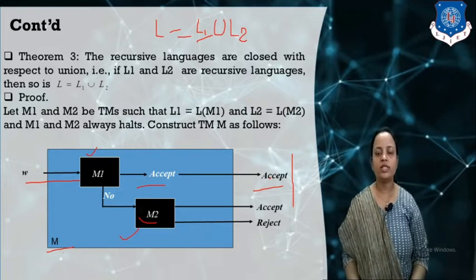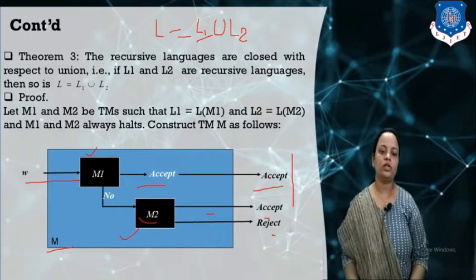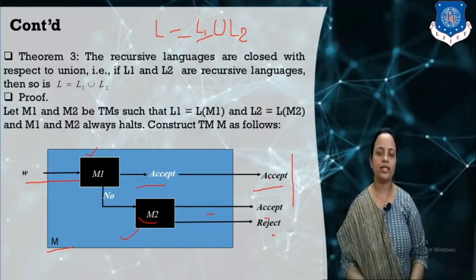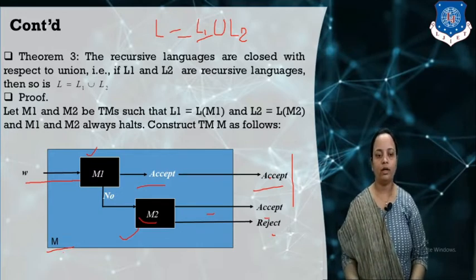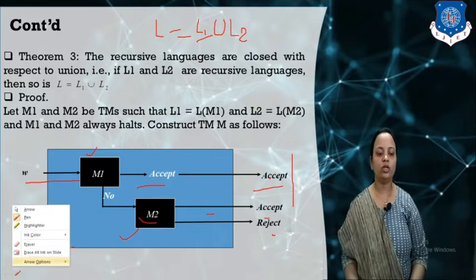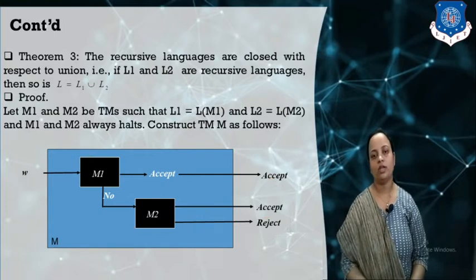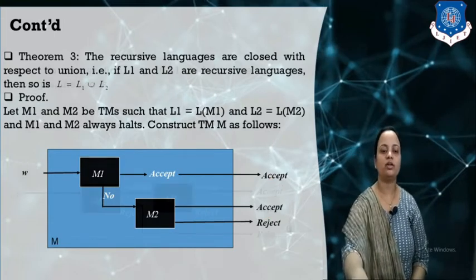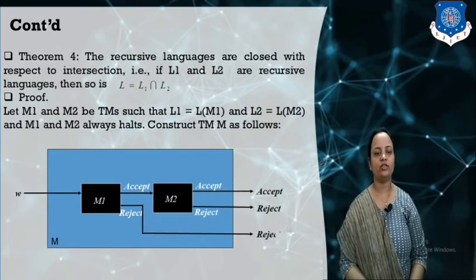If the string is in M2, it accepts it, and machine M also accepts it, and if the string is not in M2, it rejects it, so machine M also rejects. Here you can see accept and reject are both properly defined. So after performing a union on these two languages, the resultant language is also a recursive language.